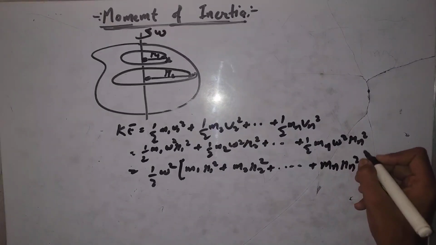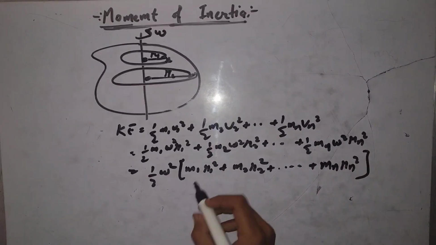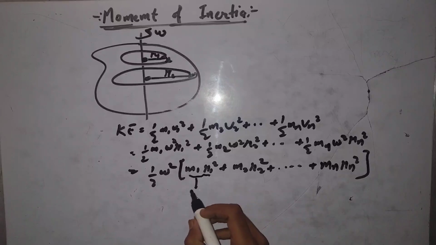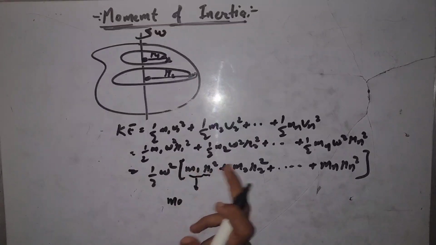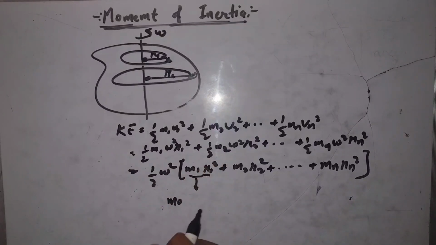rn square. Now this is the term which we called moment of inertia. This particular combination of mass and distance from the axis is moment of inertia.